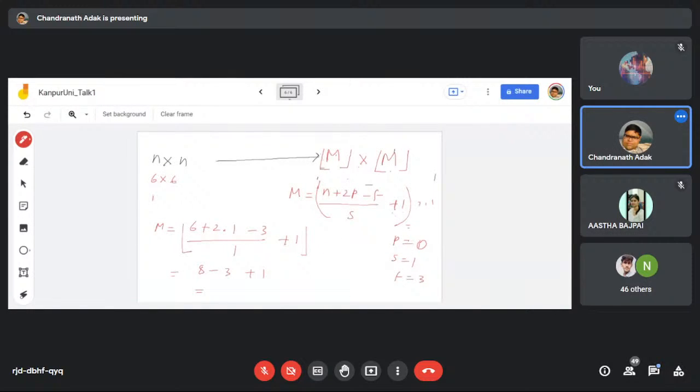So 6 minus 3 plus 1, it will be 3 plus 1 equal to 4. But suppose if I used padding, then p equal to 1. Then m equal to 6 plus 2 into 1 minus 3, by 1, plus 1. You can calculate that by yourself.